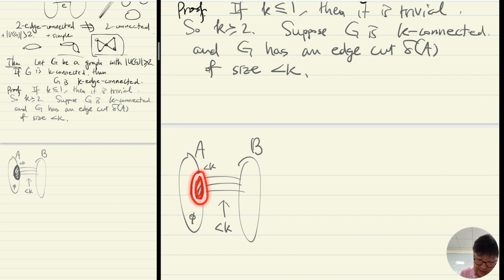Because this has size less than k, if I delete it the graph should stay connected, but there are no other edges from A to B, so this whole part is empty. And conversely, this thing is less than k, so this whole part is empty, right? So that's the situation. But then, okay, let me first write it down.